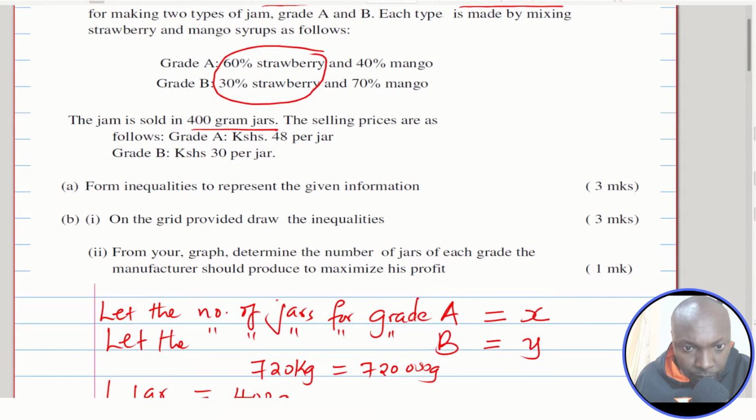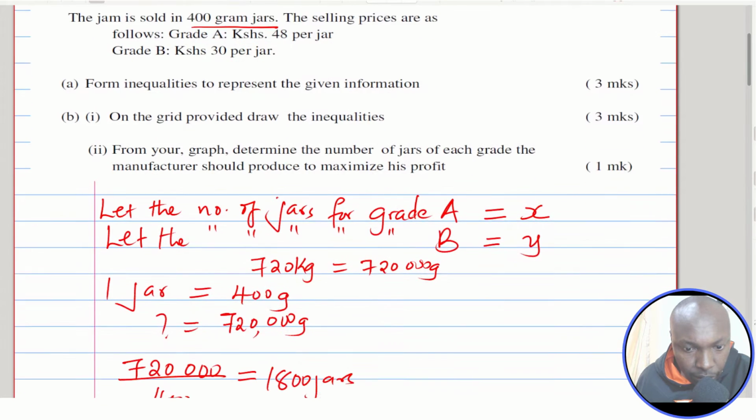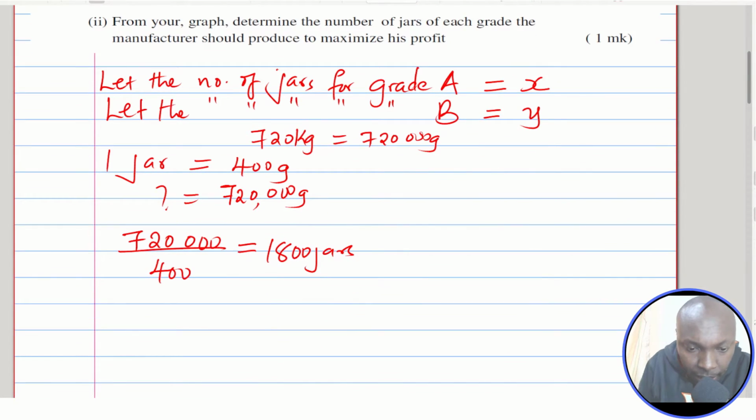So the number of jars produced by mixing 60% of strawberry will be represented by 60 divided by 100, multiplied by the number of jars for grade A, which is X.